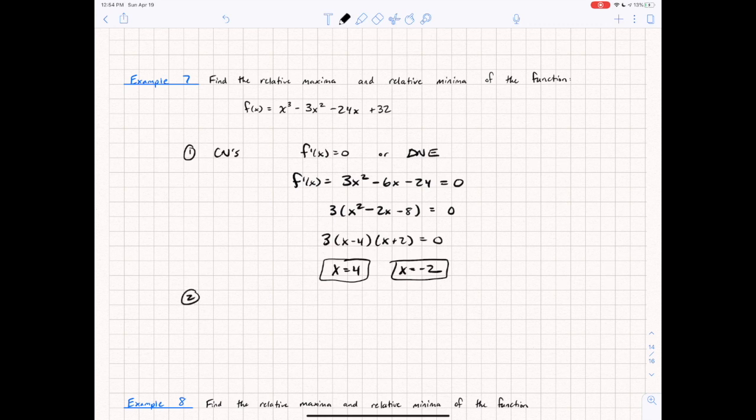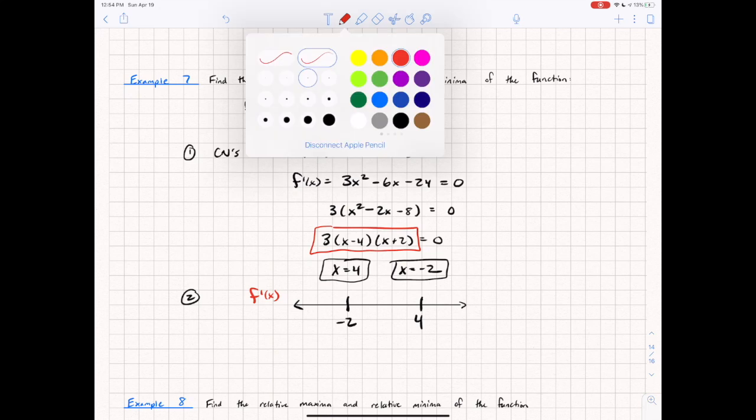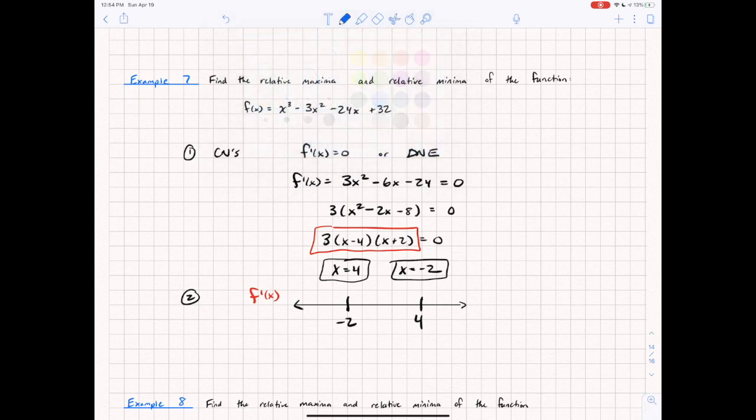And so the next step is to then do a number line where I'm going to now mark these critical numbers, so negative 2 and 4. And then I'm going to pick test values to plug back into the derivative. And I'm going to choose again the factored form because it'll be easier here to read off the signs. And I'm going to plug in specifically values like negative 3, 0, and 5.